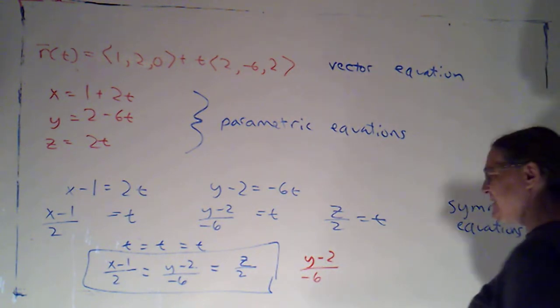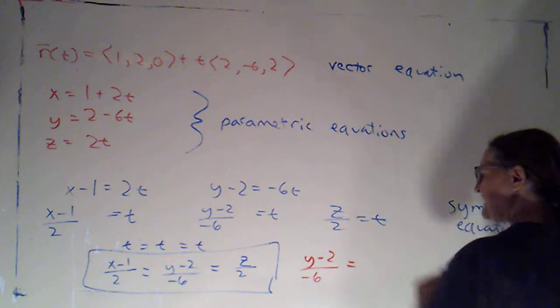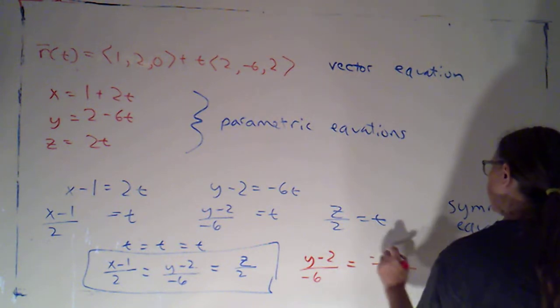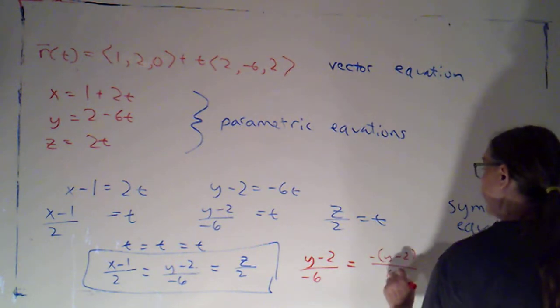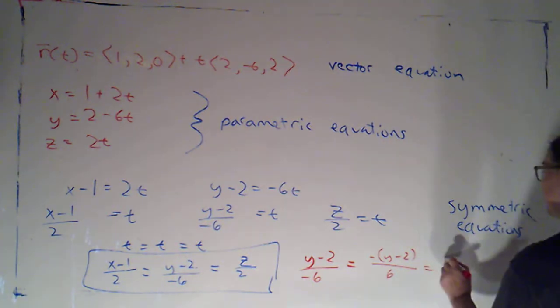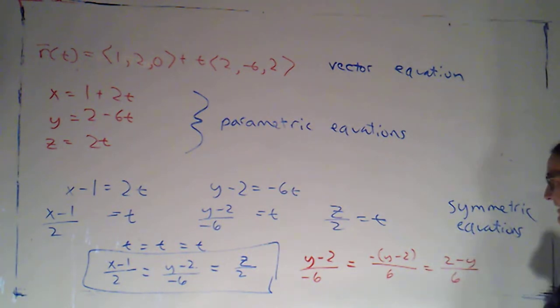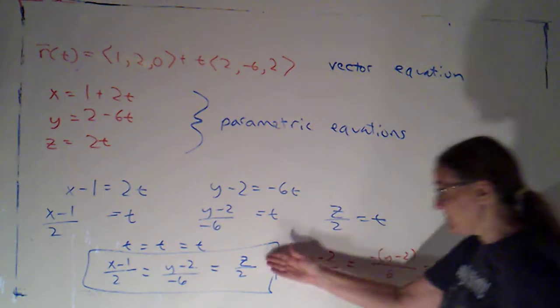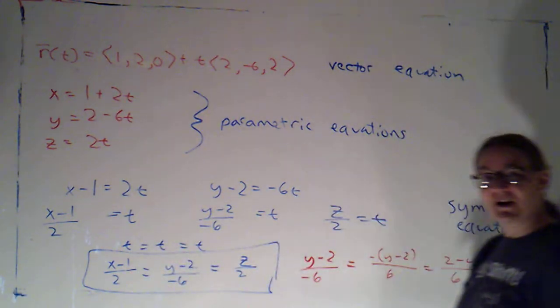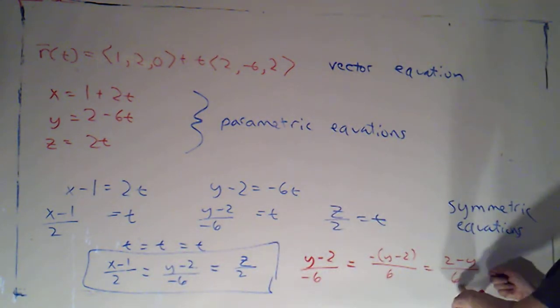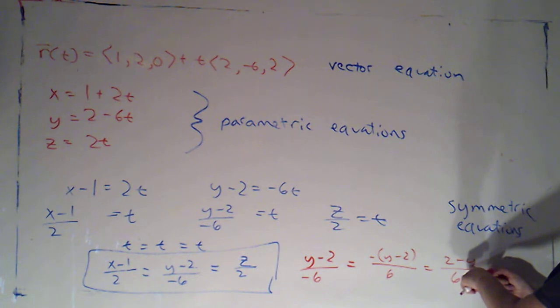We don't often do that. So I could bump that negative to the top and say that's negative y minus 2 over positive 6, which would become 2 minus y over 6. Totally fine. That's equal to z over 2 and x minus 1 over 2, but this is no longer in standard form because it's not just one copy of y.